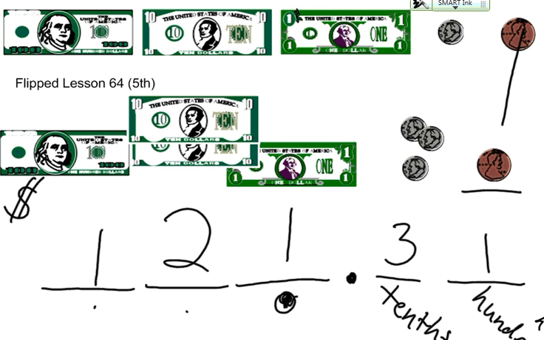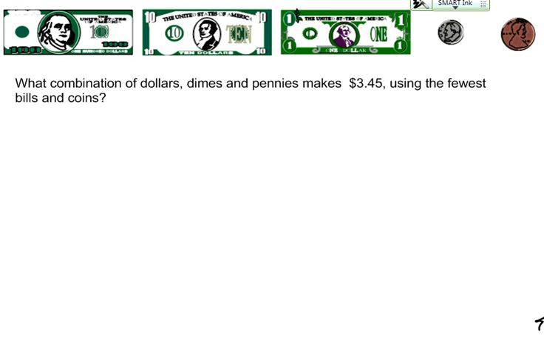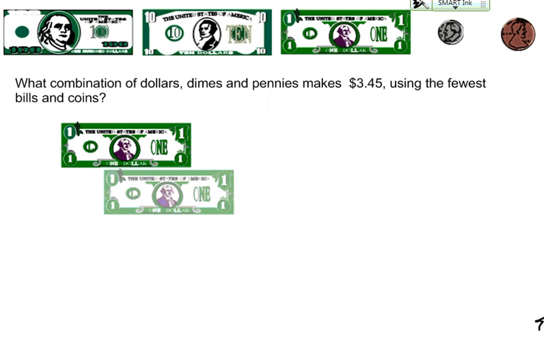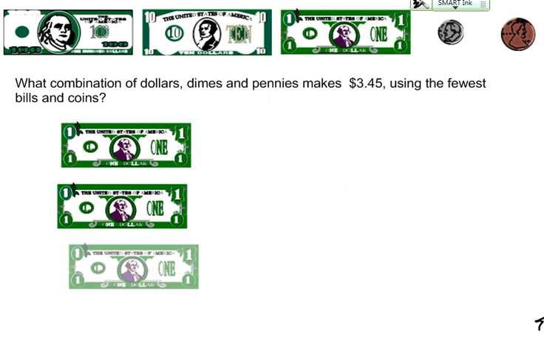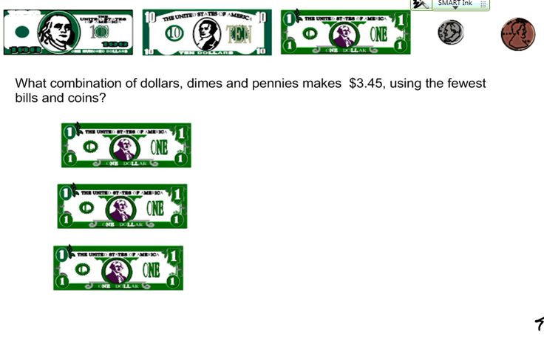Let's see if we can use this concept to help us understand money a little bit more. It says, what combination of dollars, dimes, and pennies makes $3.45 using the fewest bills and coins? So, I need $3, so I'm going to say, okay, I got 1, 2, $3. Next, I need the 4, the tenths column.